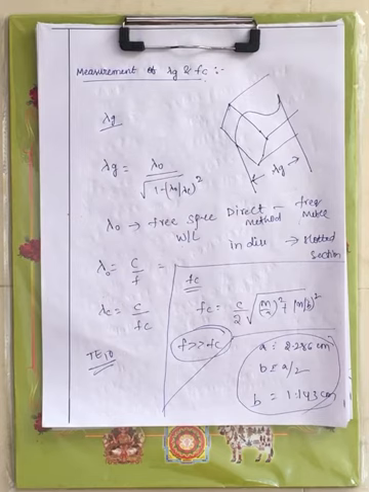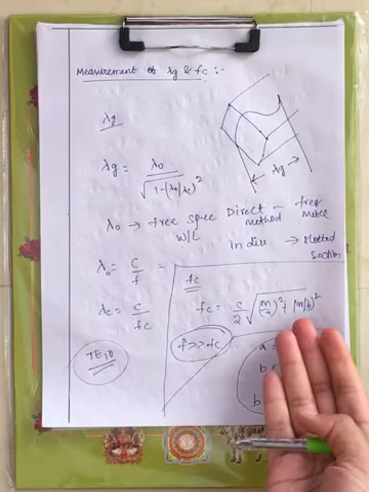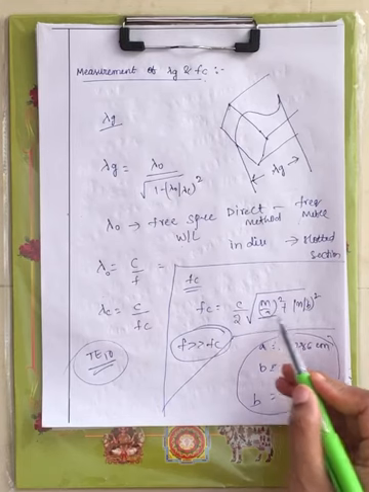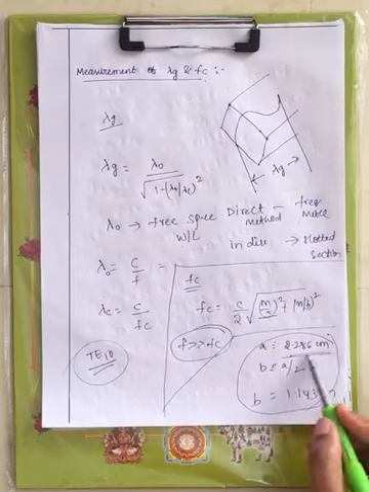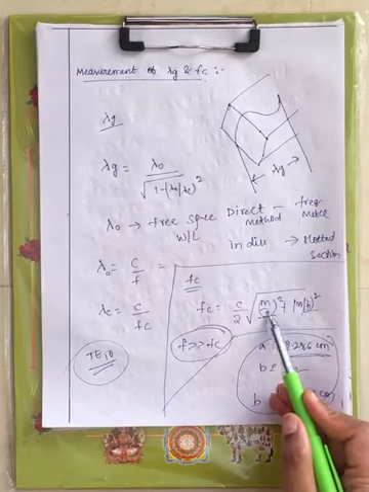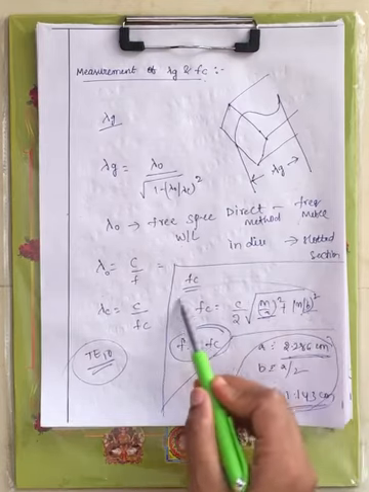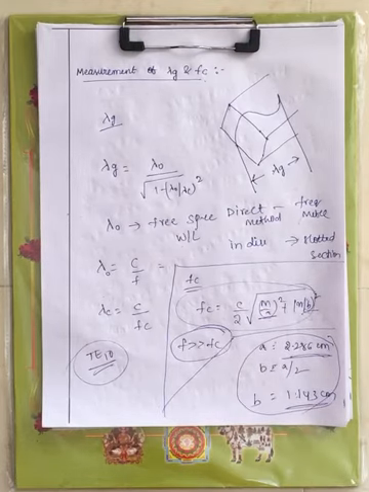Theoretically you have to calculate, and practically you have to do it in your lab, right? The dominant mode is TE10 mode. Using this you can calculate by substituting the A value, 2.286 centimeters, and the B value, half of A. For TE10 mode, m is 1 and n is 0, right? Using c by 2 and this calculation, theoretically you will get the fc value, and practically you have to compare that with your fc value.